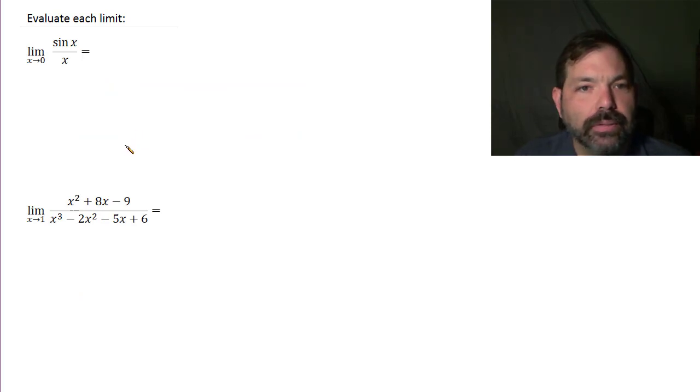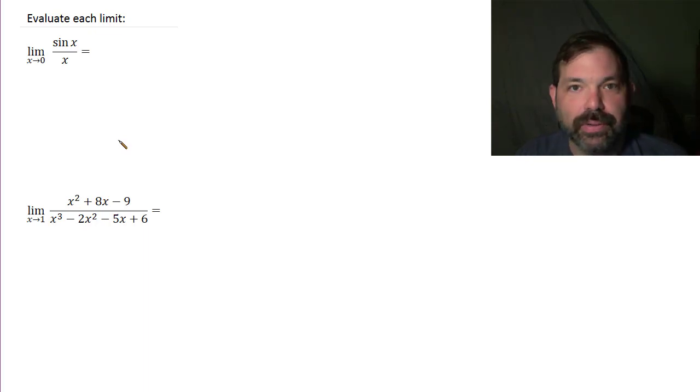So let's evaluate the limit with x approaching 0 of sine x divided by x. Now, if you remember, this limit was very difficult to evaluate when we first learned about it. We had to create a geometric argument and use the squeeze theorem to evaluate this limit.